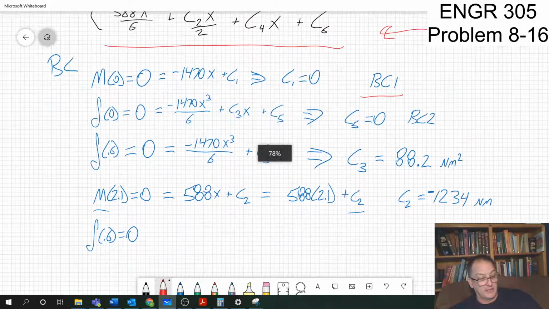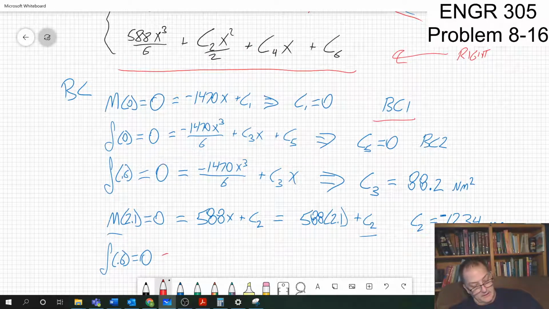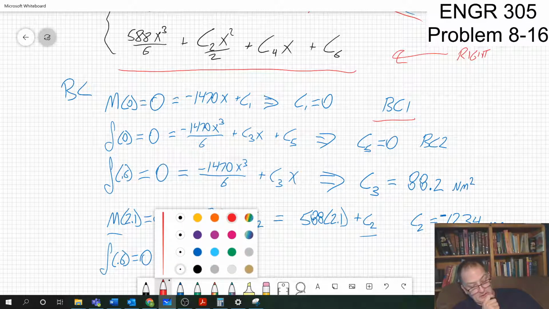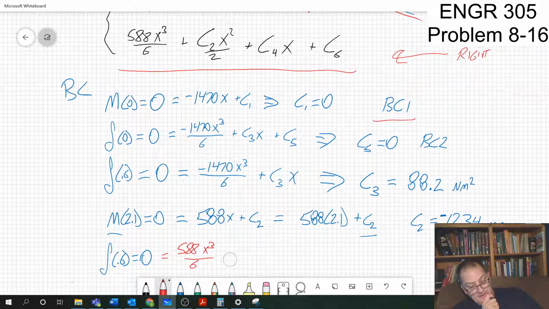And so that's going to be equal to 588x cubed over 6 plus, I have C2, right? I just solved for that. So that's minus 1234, that's C2, times x squared over 2.